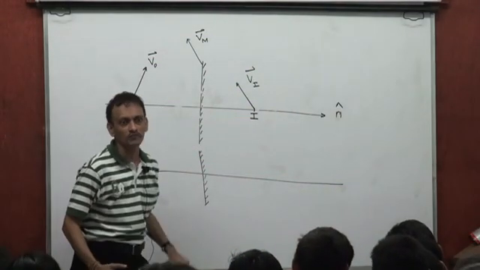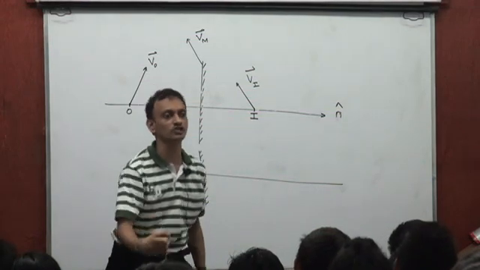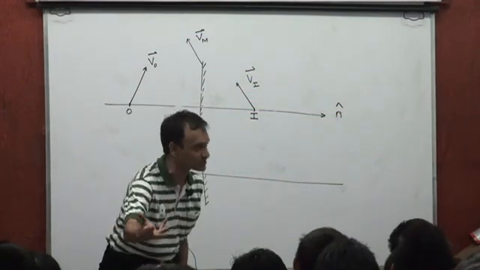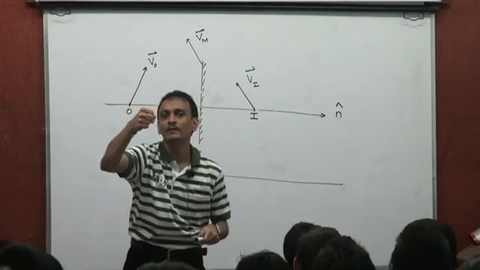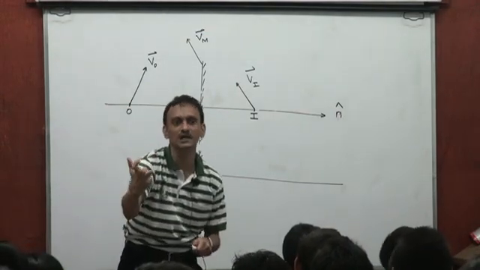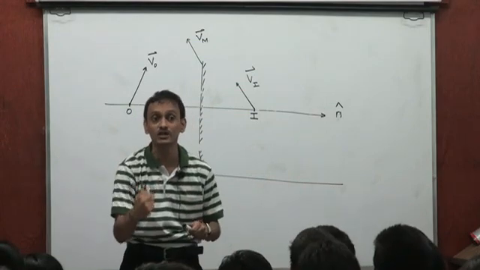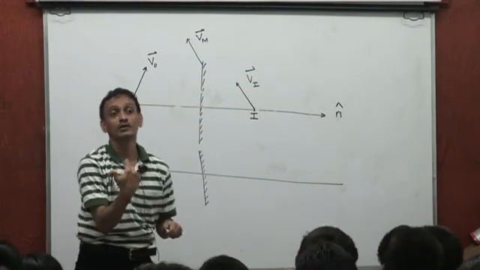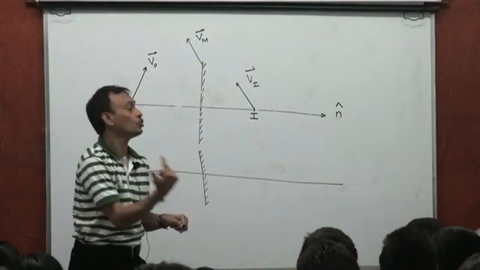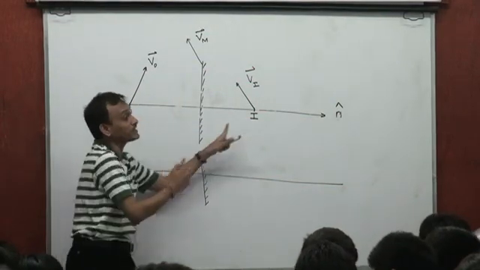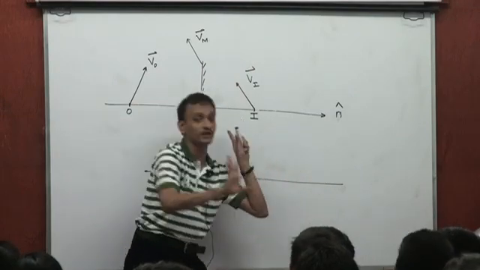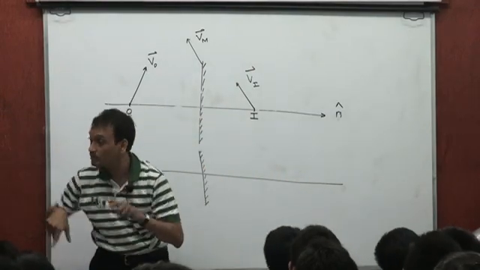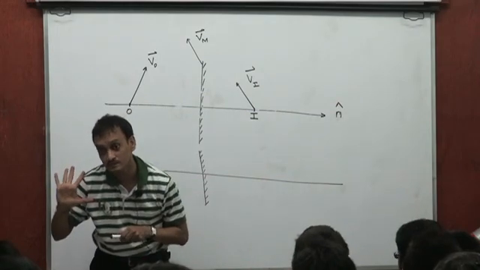What does the mirror see of the object and the image? The relative velocity of the object and the relative velocity of the image, as perceived by the mirror observer, right? That's what it means.